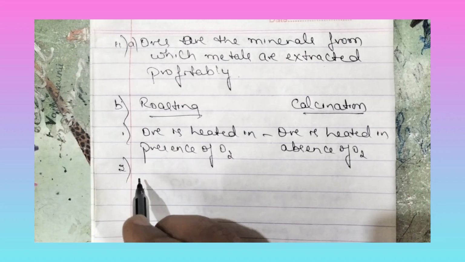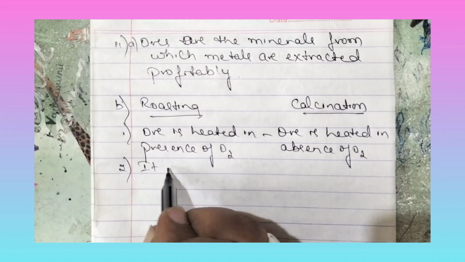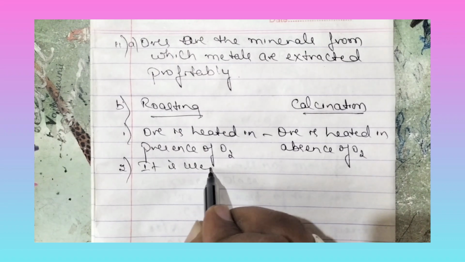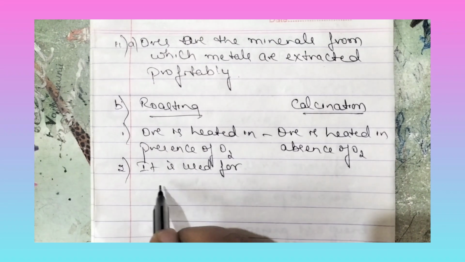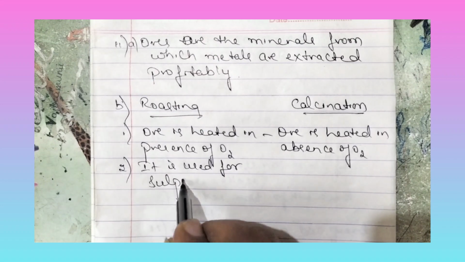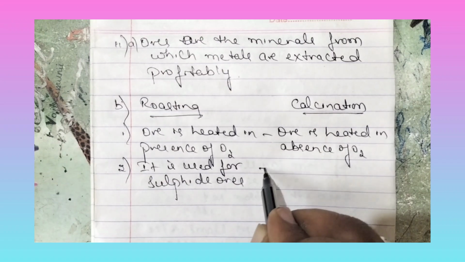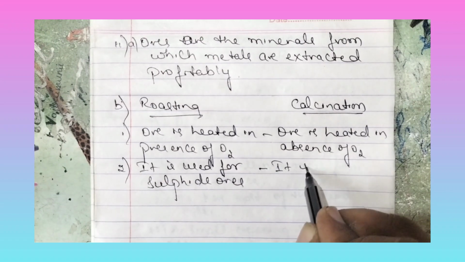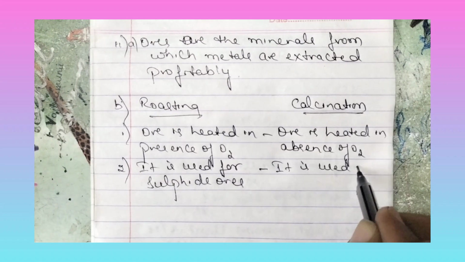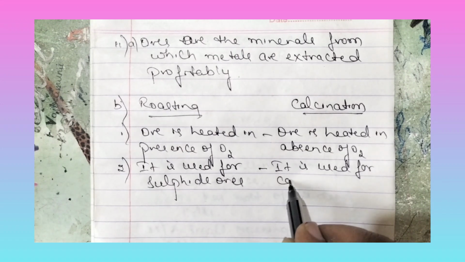Then the second difference is that roasting is used for sulfide ores. Calcination is used for carbonate ores.